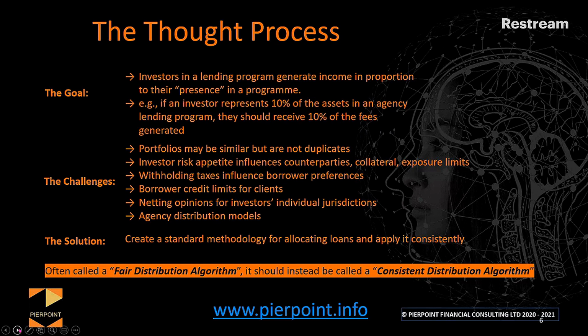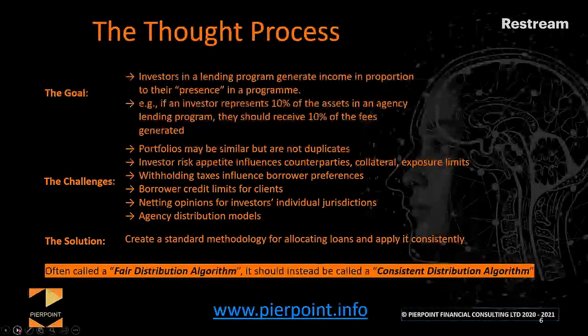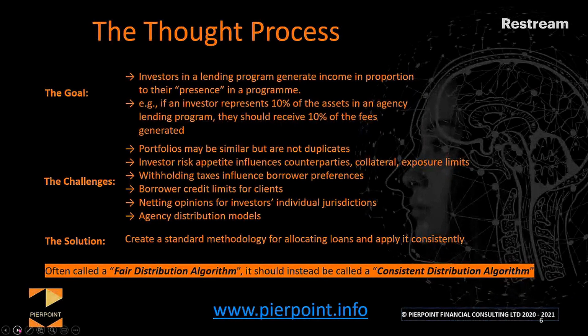So a borrower is always exposed to a lender. A lender could be exposed to a borrower if a series of bad things happen, but it's only a potential, whereas for a borrower, it's real. So borrowers are required to have credit limits in place for all of the underlying clients. And so even then, they may not have credit limits for every one of them, or they may have credit limits, but they may have reached that credit limit.